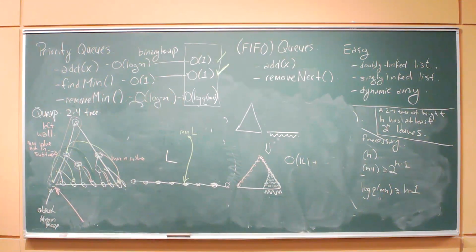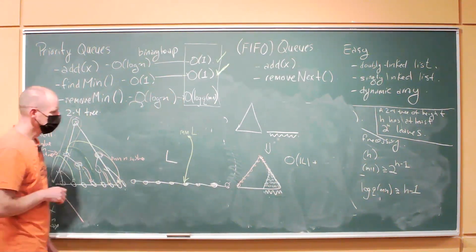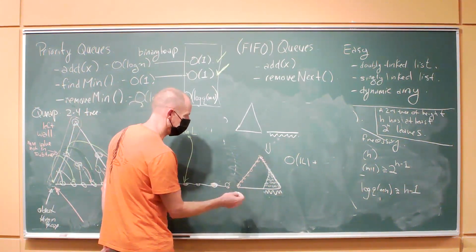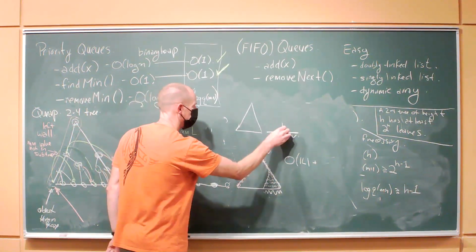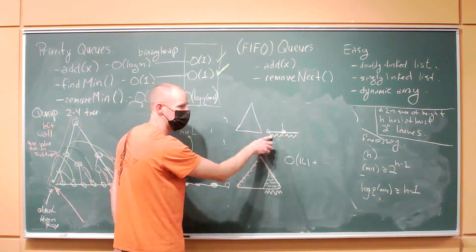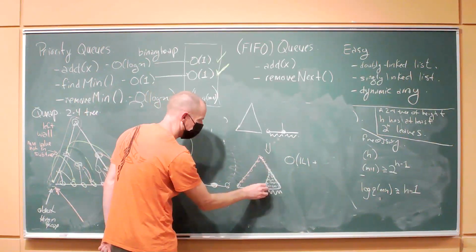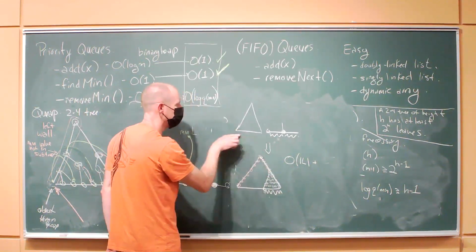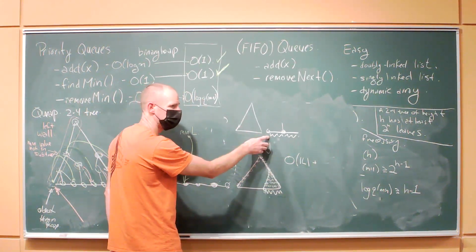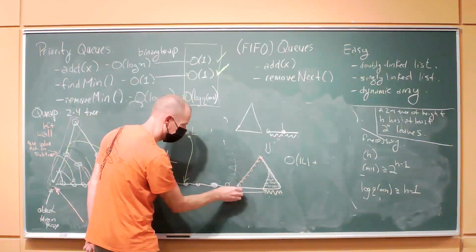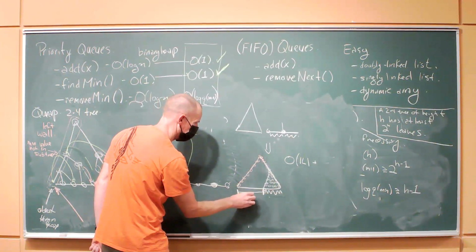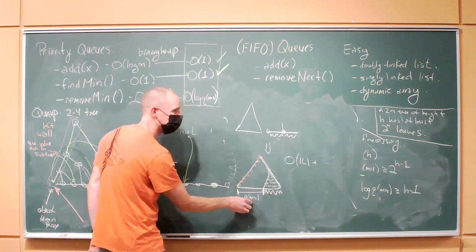Now, how much is that? Well, the thing that we deleted, the min, was somewhere inside this list. Maybe it was at the front, maybe it was at the back, it doesn't matter. But that means everything that was in the tree before this is older than the thing we're deleting. So the Q number of the min is at least this big.